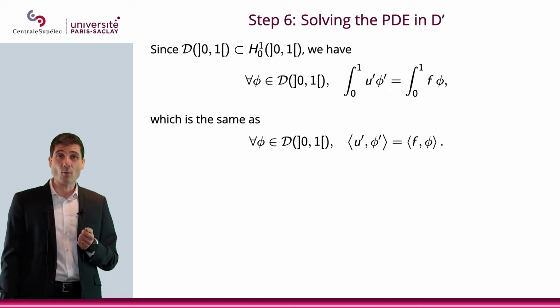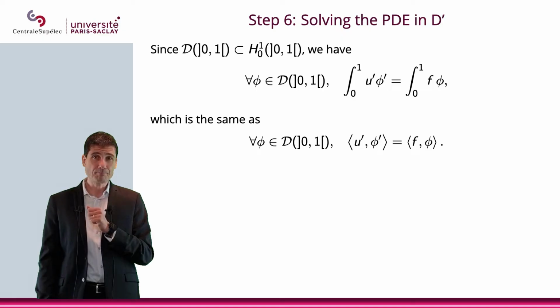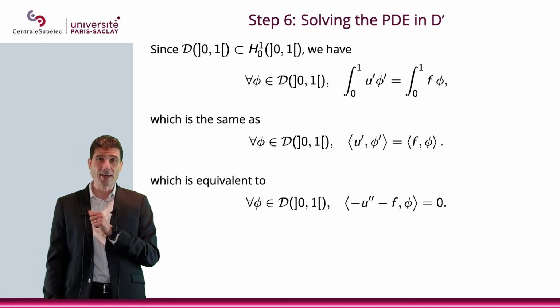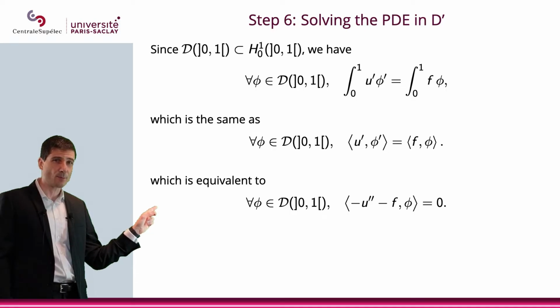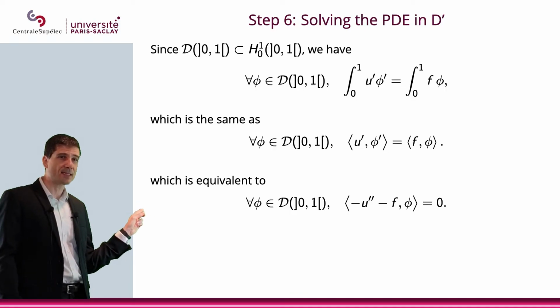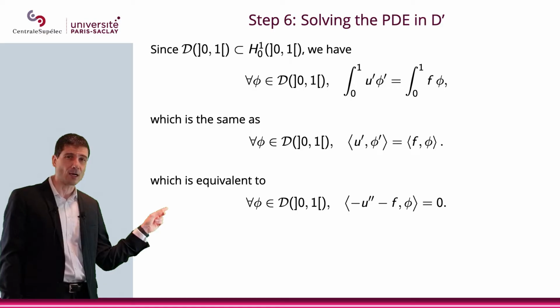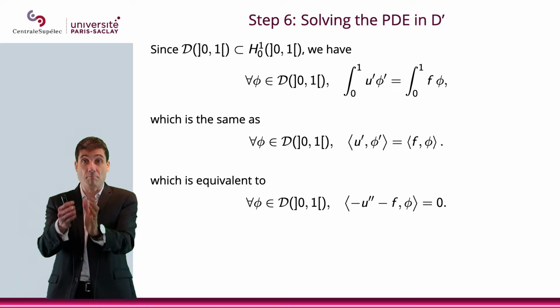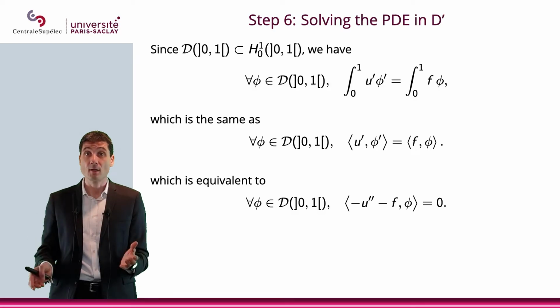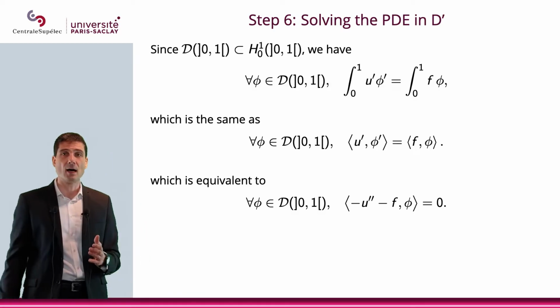Okay, when I do this, let's see. I can actually just say that u prime phi prime is going to be minus u second phi prime, in the sense of distributions, of course. u second may not be a function. There is no reason for it.